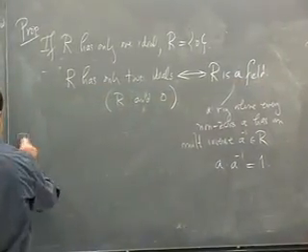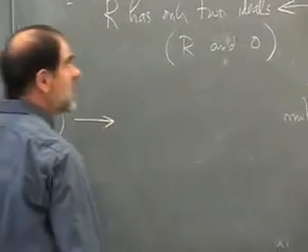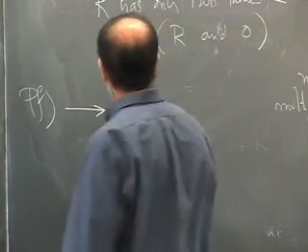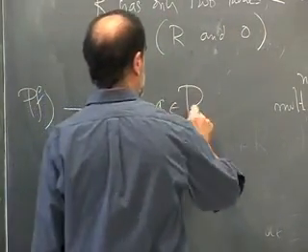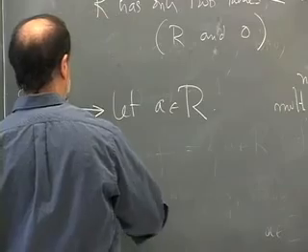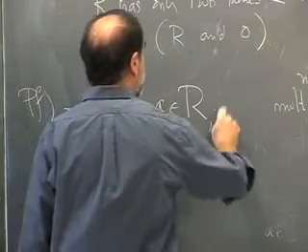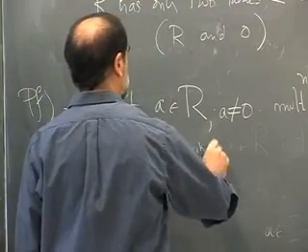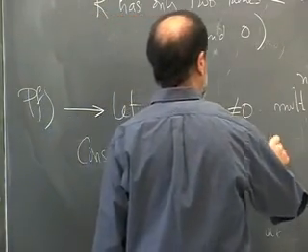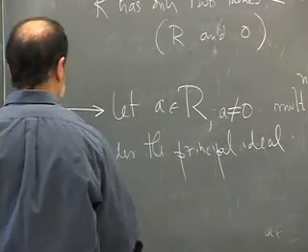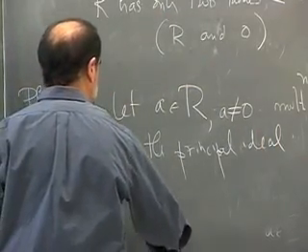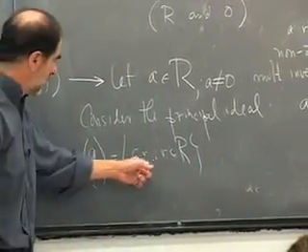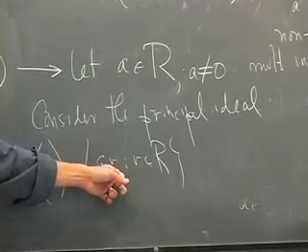Now let's prove the opposite direction, that if I have only 2 ideals, my thing is a field. All right? So let A be in R, and assume A is not equal to 0, and consider the principal ideal generated by A. All multiples of A. That's an ideal because this is closed under addition and multiplication from the ring.